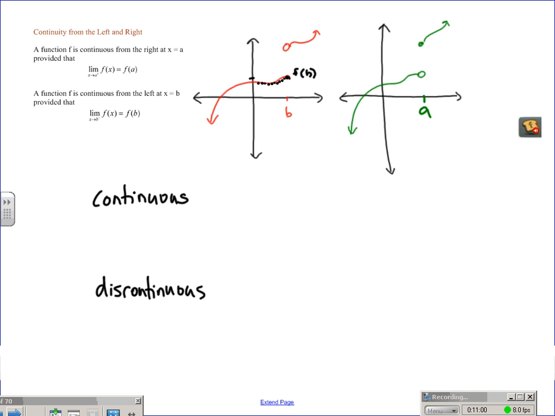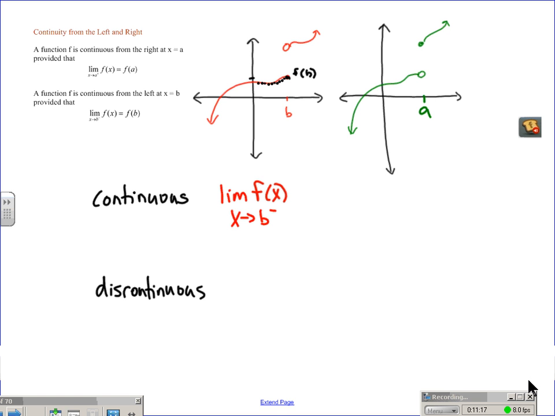So it's defined at that point. That was one of the things, is that it has to be defined. So this is going to be continuous from the left-hand side.